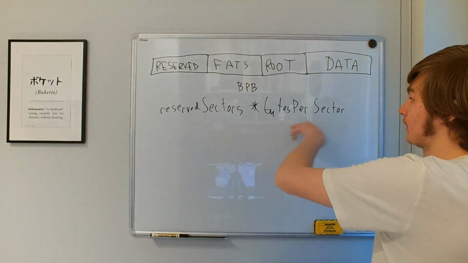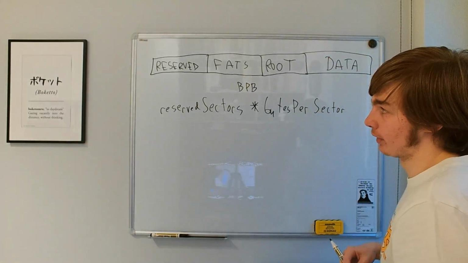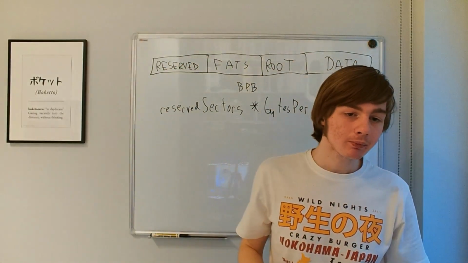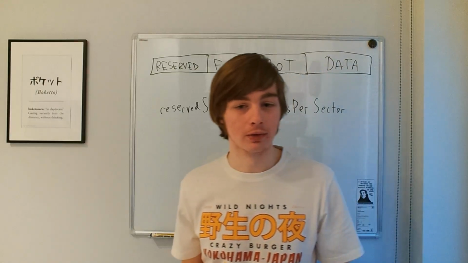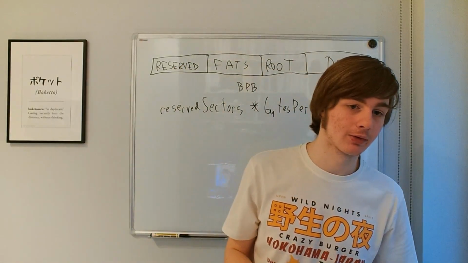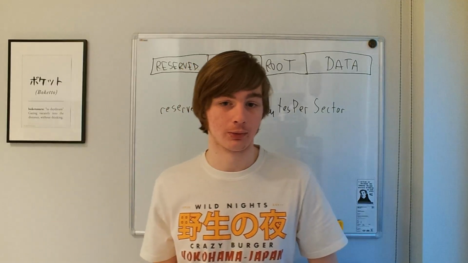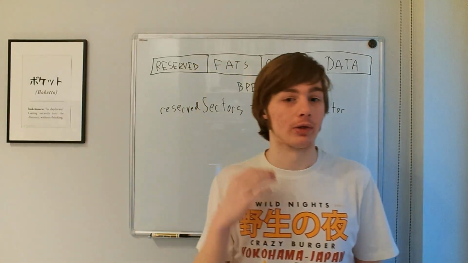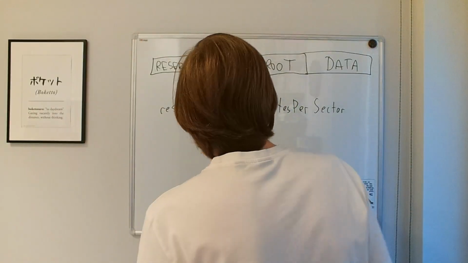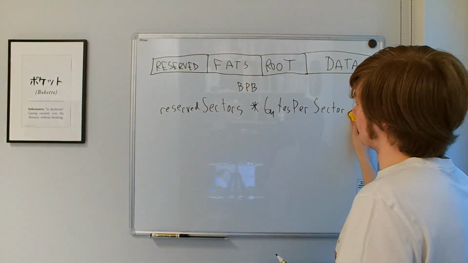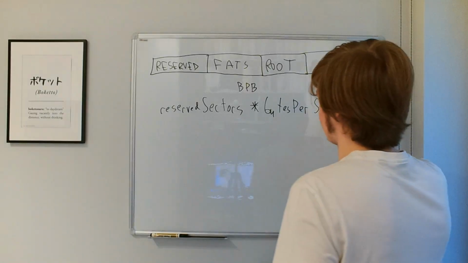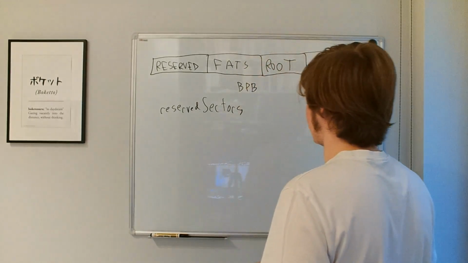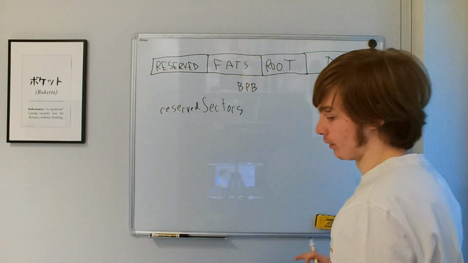So reserved sectors times bytes per sector will give you the exact bytes the reserved section takes. However, you don't necessarily need bytes, because it's usually easier to work with sectors when you're talking about mass storage devices rather than bytes. So reserved sectors will tell you the size in sectors of the reserved region.